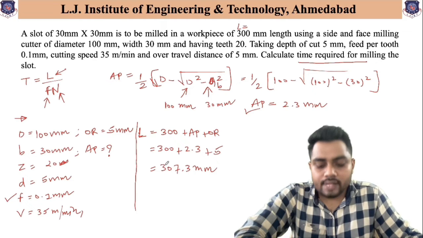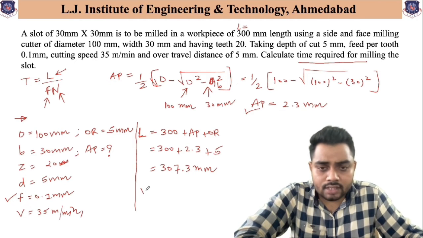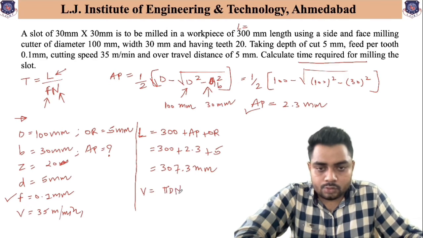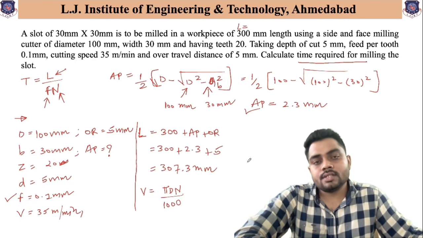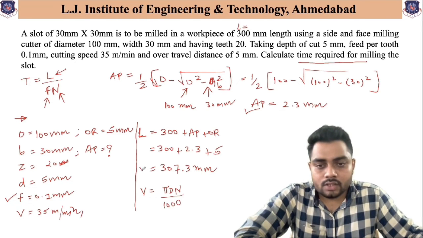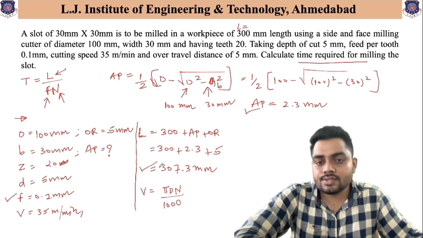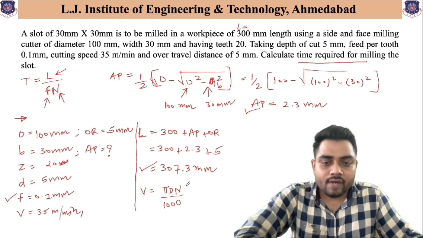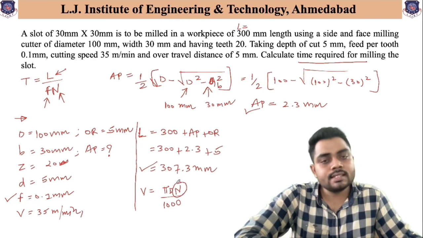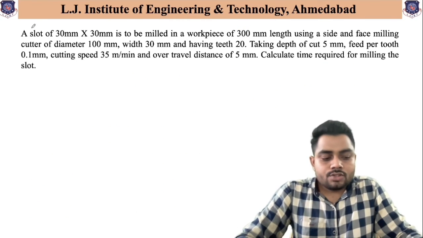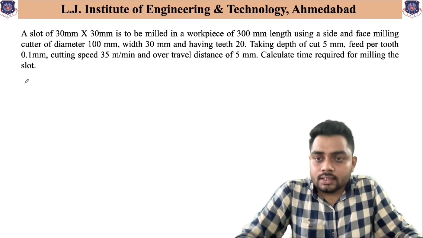Now to find the value of N, we will use the equation V equals pi dN divided by 1000. Just remember these two values: we got L as 307.3 mm and the feed as 0.1 mm. Now we find the required RPM using the equation.